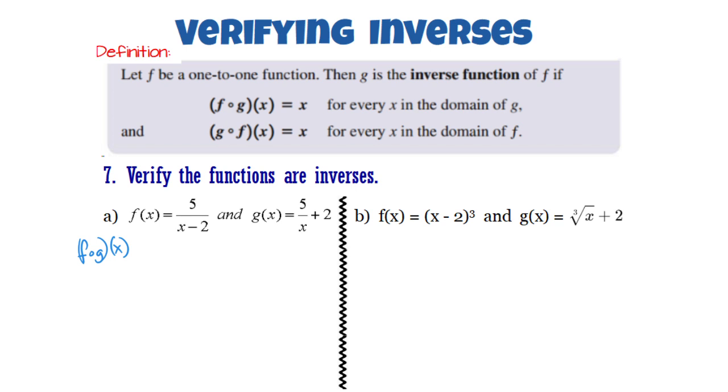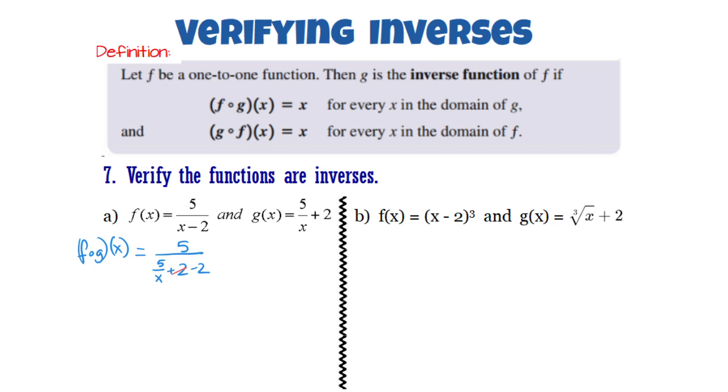All right, now I'm going to undo that drawing because that's really going to clutter up our work here. So I'm going to take G and put it in for the F. So it's going to look like this. 5 over, and instead of X, I'm going to put that entire G function. Kind of messy. That's all right. Just keep it neat as you can. All right, now the goal here would be to simplify and see what can happen.